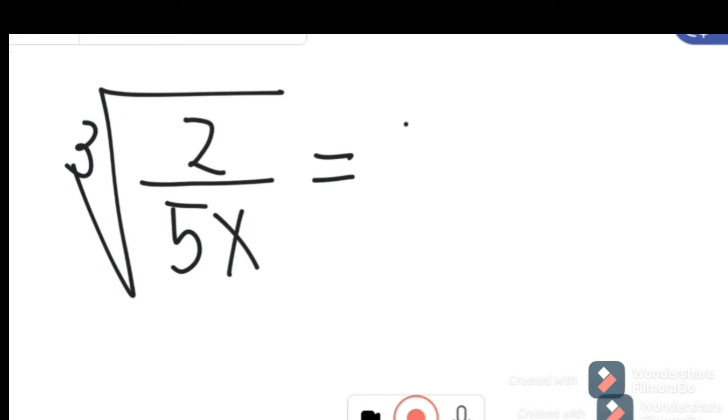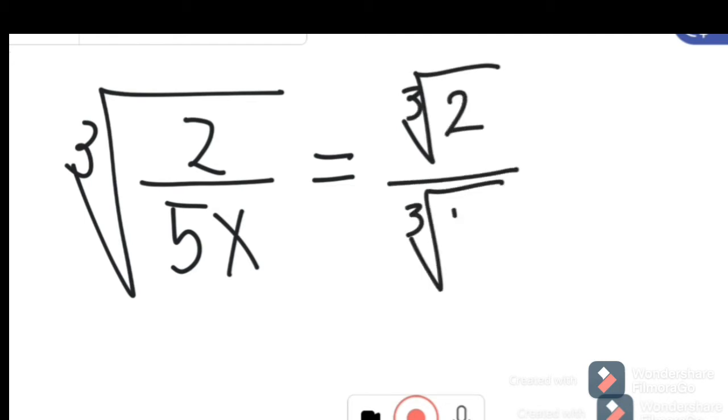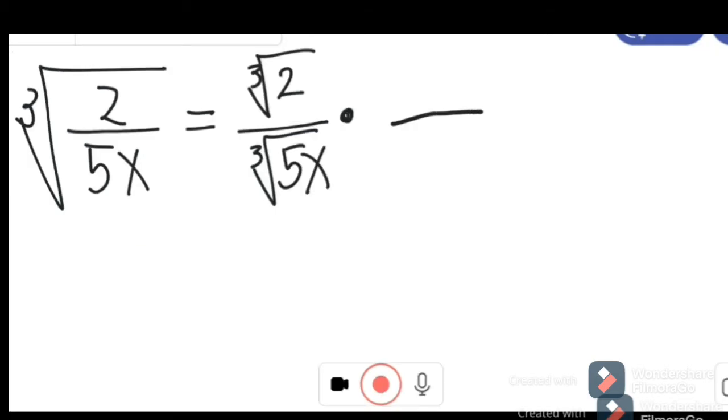Again, we have the cube root of 2 and the cube root of 5x. To multiply this by something that will make the denominator a perfect cube, how many 5x do we need to have 5x cubed? Of course, 2. So that would be the cube root of 5x squared.